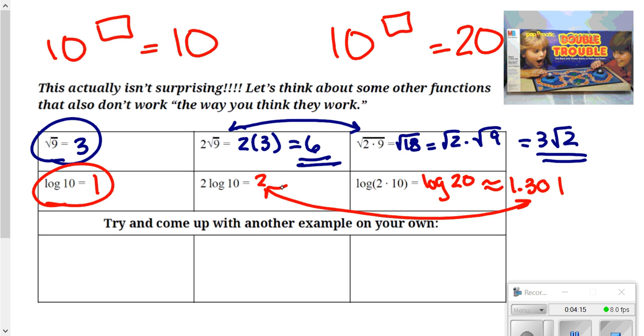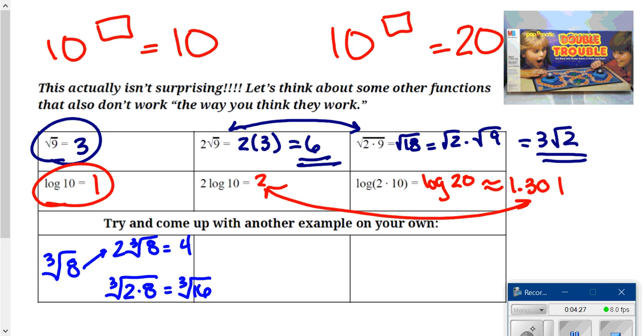So you see, it's not super surprising that you can't just pull this 2 any which way you want, right? You could think of other examples maybe. Can you think of any other examples? Pause for a second, see if you can think of another example. Okay, well, the example I thought of was cube root, and I thought of cube root of 8 and how it equals 2. And so then I thought about if I had a 2 on the outside versus a 2 on the inside, would I get the same thing?